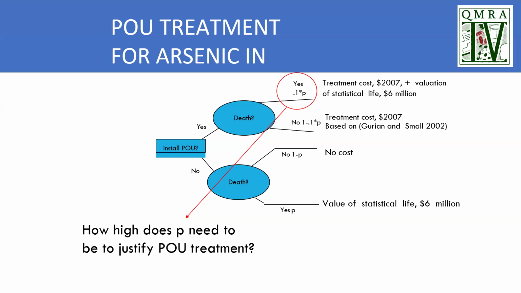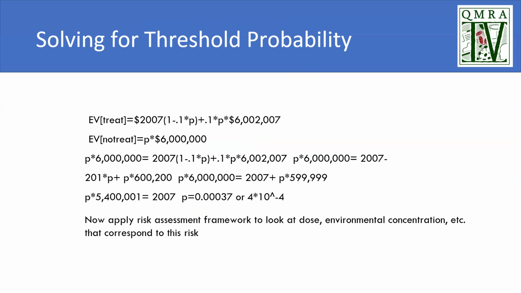So now we can calculate how high P has to be to justify using the point of use device. As I mentioned, we extrapolate from our general equation where we multiply each probability by each outcome.